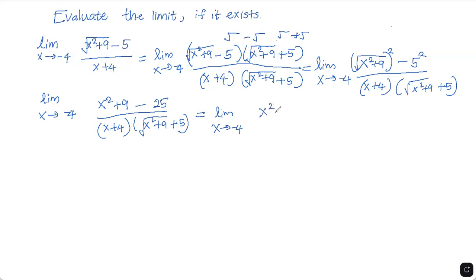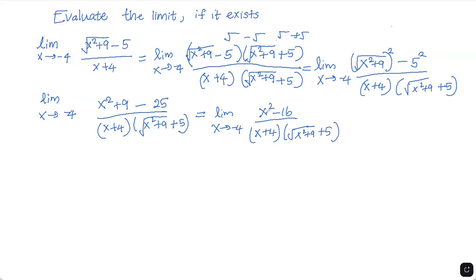Here x square minus 16, right? Over x plus 4 times square root of x square plus 9 plus 5.